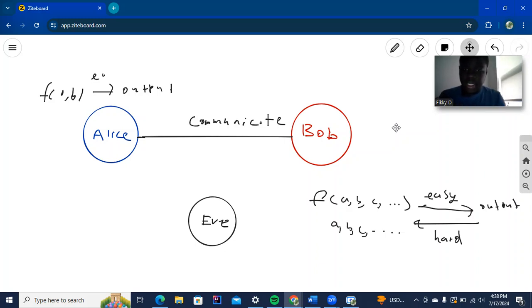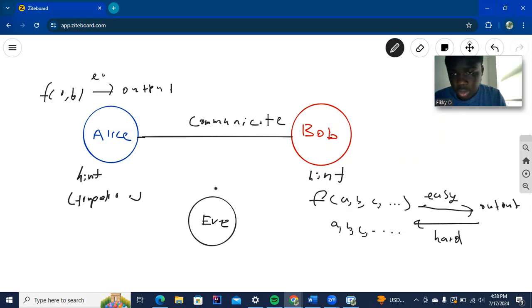It's basically an extra hint that only Alice and Bob know. With this hint, which is what this trapdoor is, you can easily unravel the one-way function.